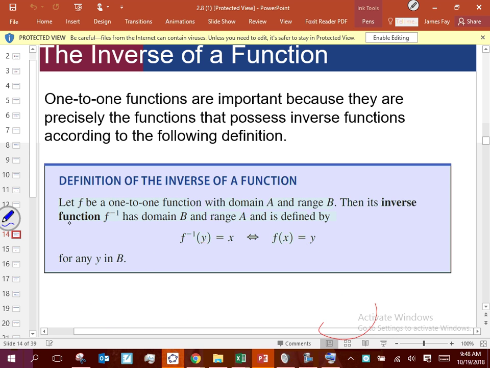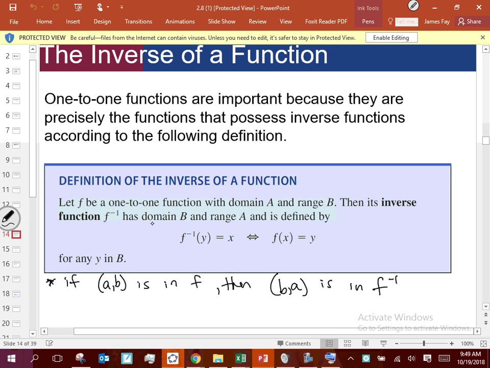I'll give you this phrase here, and maybe a little bit more of a friendly version, I guess. If a, comma b is in f, is on f, then b, comma a is in f inverse, where a and b are just your coordinates, just an ordered pair.